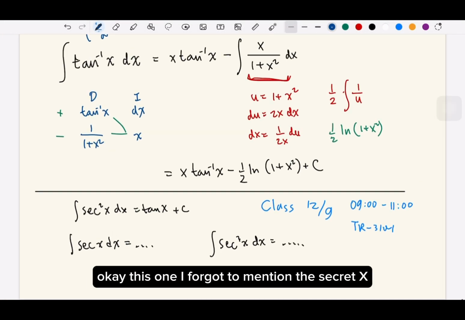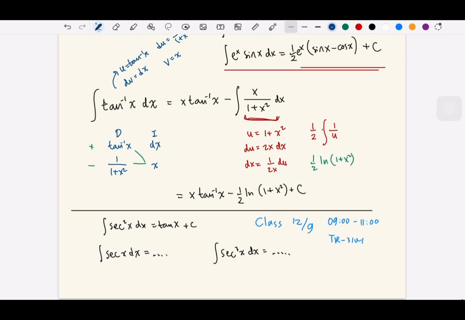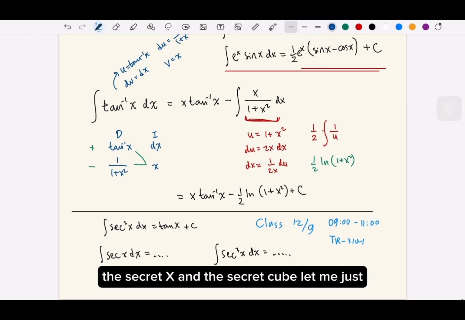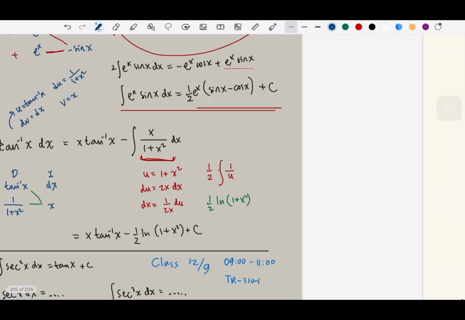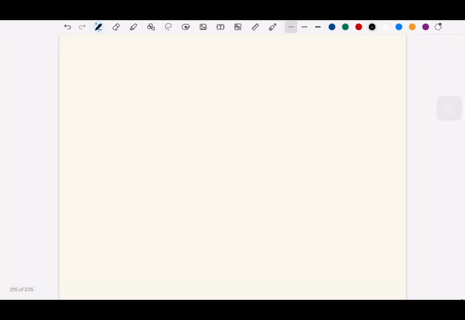I forgot to mention the secant x and the secant cubed. And let me just solve this for you. So first is the integral of secant x dx.